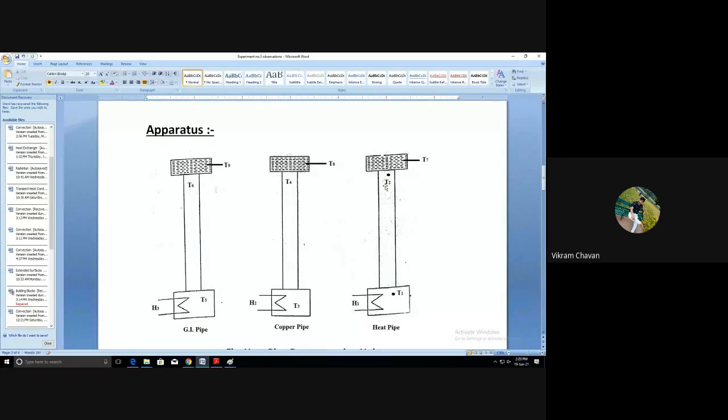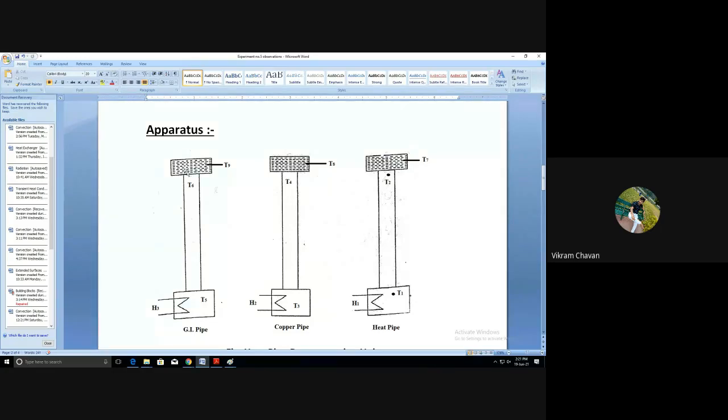The T2 thermocouple will measure the condenser section temperature for the heat pipe. Similarly, the T4 thermocouple will measure the temperature of the copper pipe at the other end, and the T6 thermocouple will measure the temperature of the GI pipe at the other end.